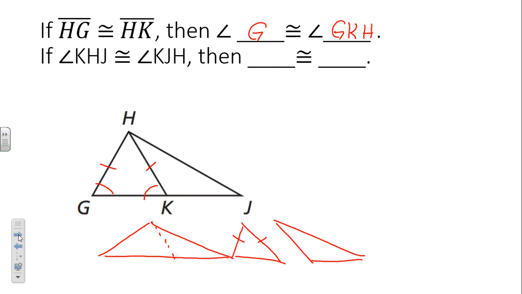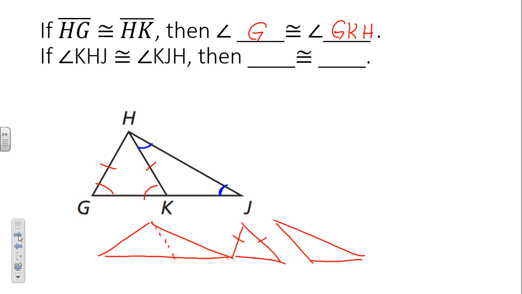All right. Last example. If angle KHJ, K to H to J, is congruent to angle K to J to H. Now we're dealing with a different triangle, aren't we?